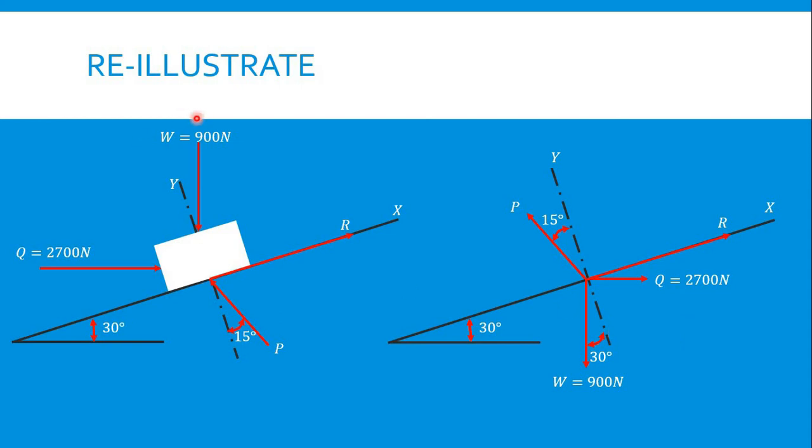Then next is W, which is 900 Newton, located in quadrant 1, and we can move this downwards and locate it in quadrant 3, which has 30 degrees. Next is P, which has 15 degrees. We can move this from quadrant 4 to quadrant 2, and R still remains in the same position.